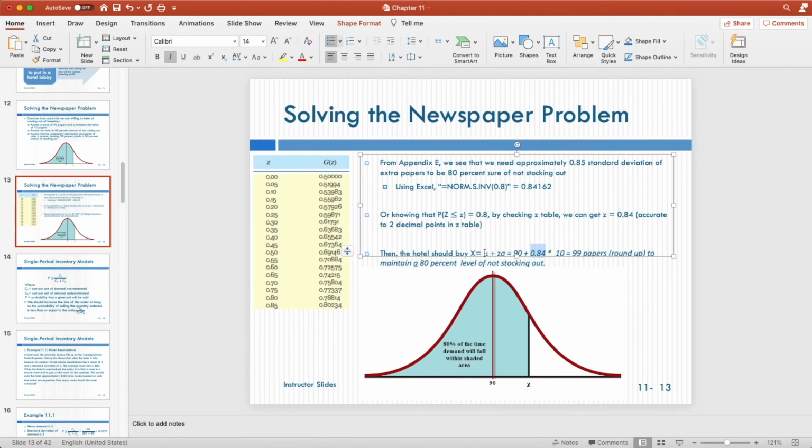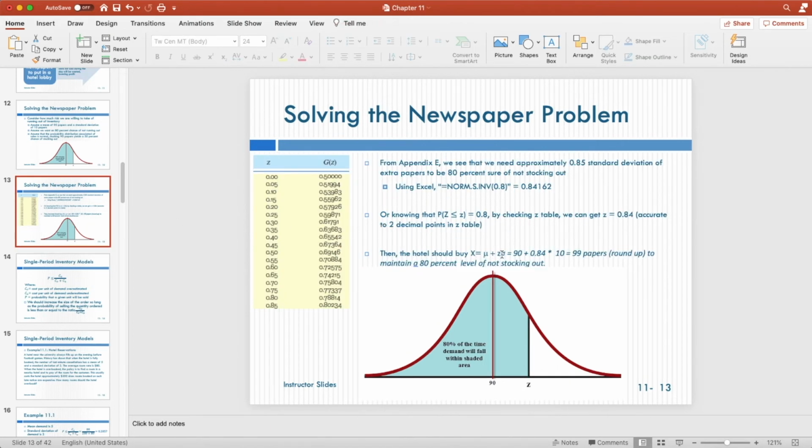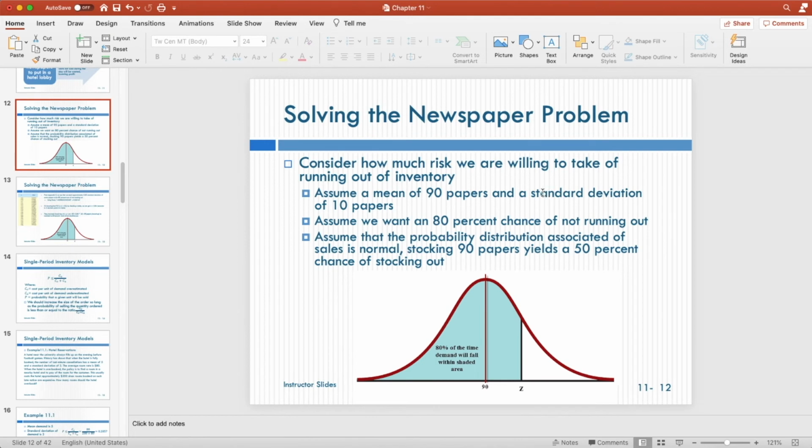And what is mu? Let's get back to our example. Mu is 90, right? Your middle point is 90. What is sigma? Sigma represents the standard deviation, which has already been emphasized many times within the BSTAT course. Do I tell you the standard deviation? Yes. The standard deviation is 10 papers, or the numerical value is 10.